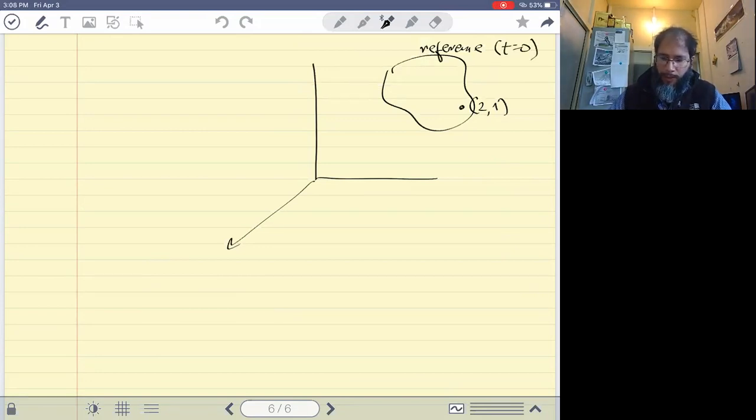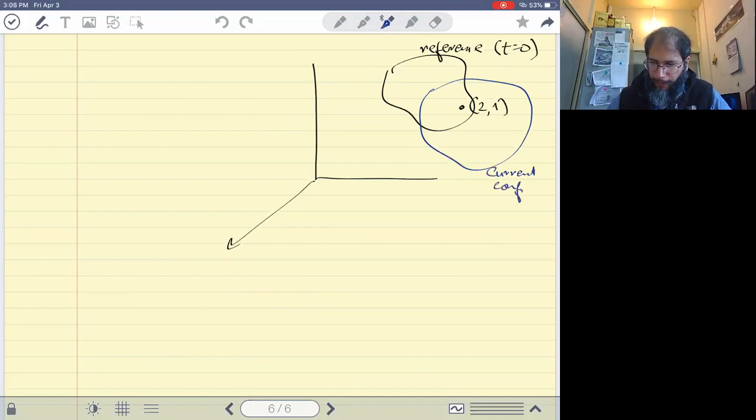which is at t equal to 0. Now at a later time, the body changes configuration and looks like this in the blue color. The blue one is the current configuration, that is at time t equal to t1, let's say.